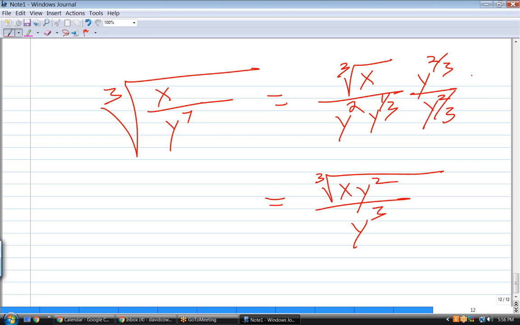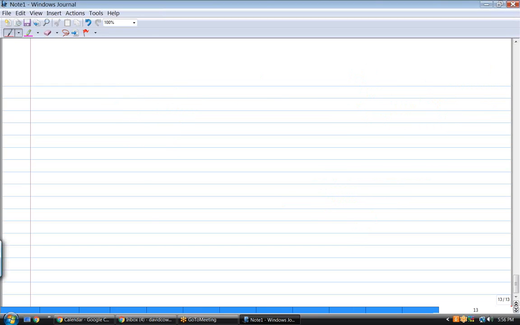In other words, we still get the cube root of x, y squared, all over y cubed. So even if we do it our way, the first way we did it, we get to the answer pretty quickly, as long as you know how to rationalize that, y to the 1/3.